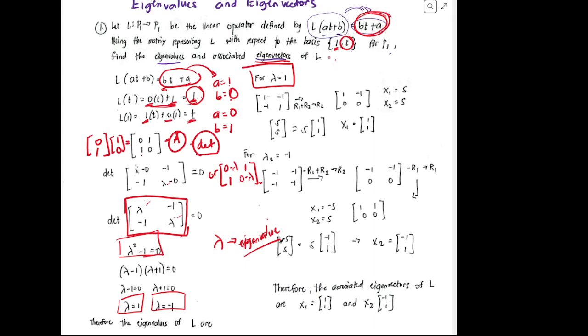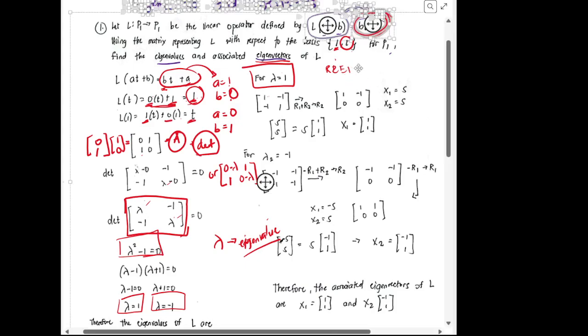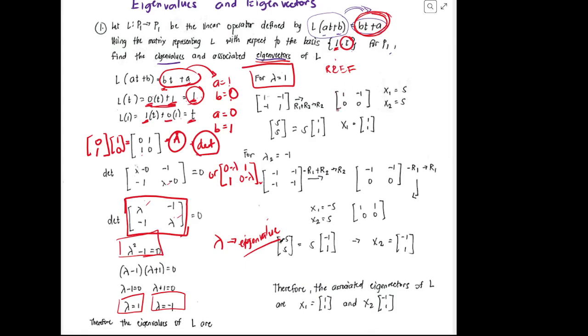Then what we will do next is do the row matrix operation and transform it into reduced row echelon form. As we transform it into reduced row echelon form, this is the result. The last row is all 0.